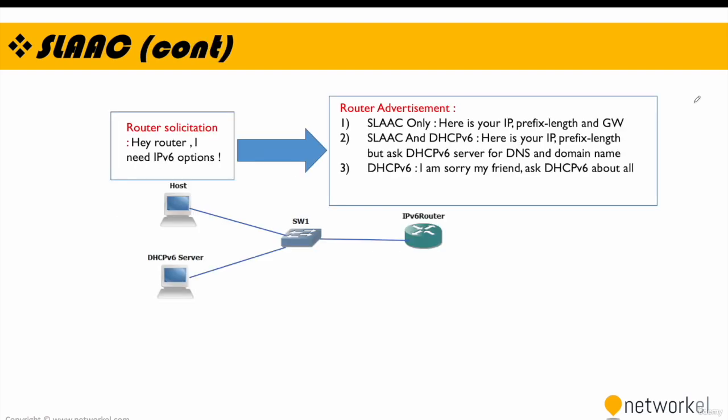So here is how it looks. An IP version 6 PC is sending the router a request, saying, hey router, I need IP version 6 options, and here are the answers that it can obtain from the router.